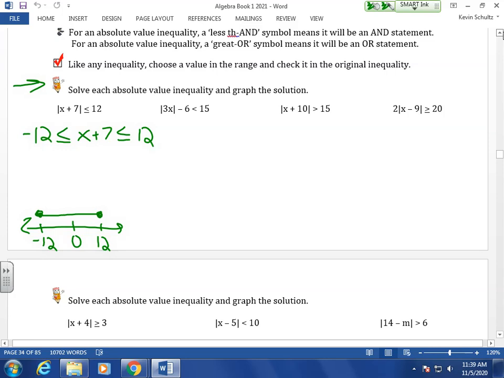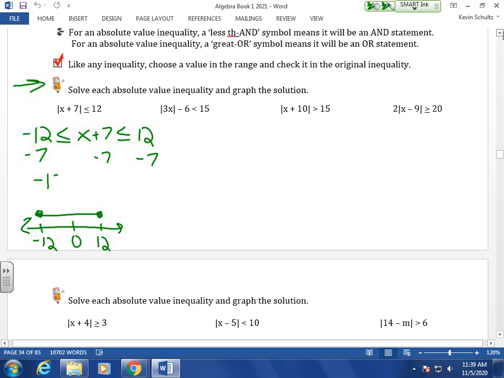So once you get that far, now it's just back to CO16. How do we solve this? Yes, Bridget. You do the 7 or -7. Subtract 7 from all three parts, because it is an and statement, so we're solving the whole thing together.